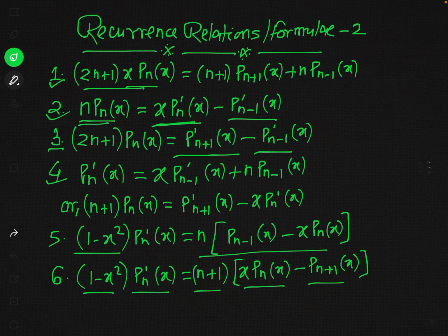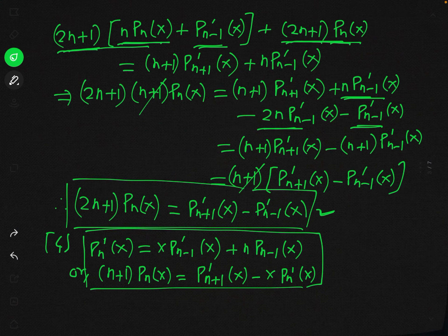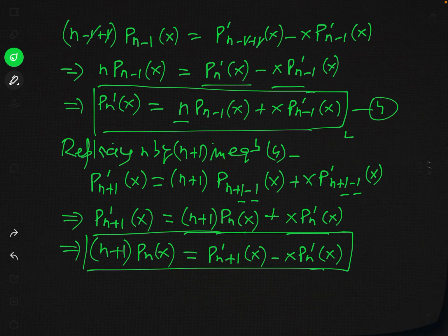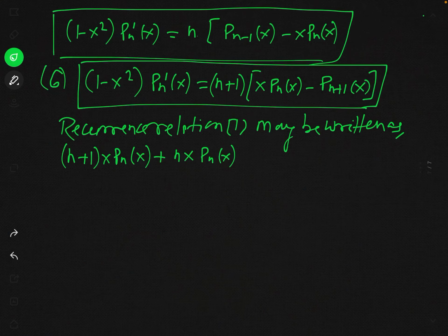Actually, this term has been split into two terms, (n+1) x Pn(x) and n x Pn(x). After adding those terms, you will get the original term. So I have simply divided this first term in the LHS of the first recurrence formula in two parts.